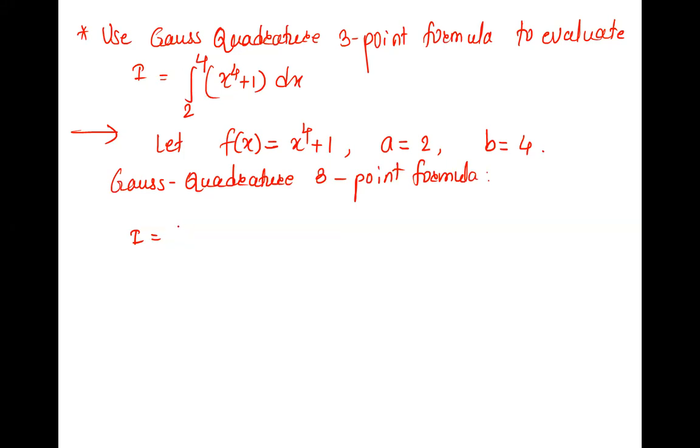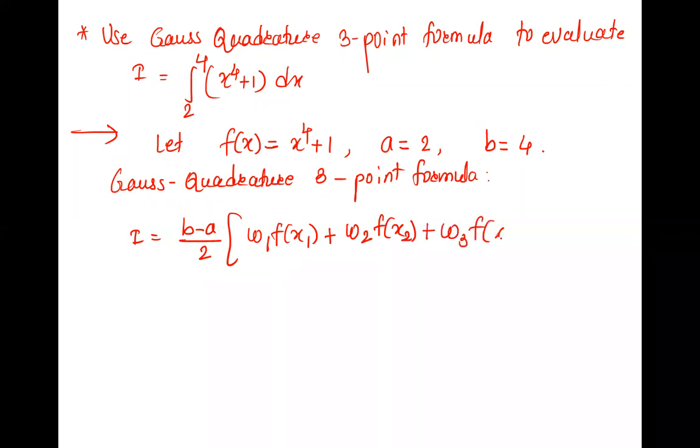So it is (b minus a) divided by 2 into w1 f of x1 plus w2 f of x2 plus w3 f of x3. Because it is 3 points, it will be up to w3. This is your equation 1.